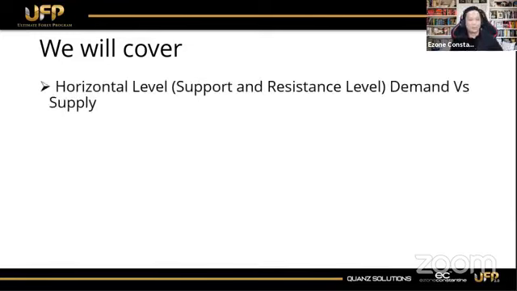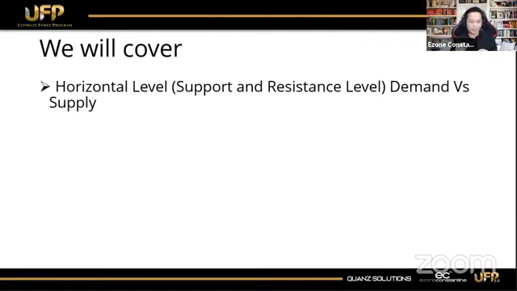Okay, so today what we're going to cover. Hari ini apa yang saya Zon akan cover ialah how you can identify the level of support and resistance, also known as the demand area and supply area. Okay, now how to use this horizontal level to give you an idea for your trading.